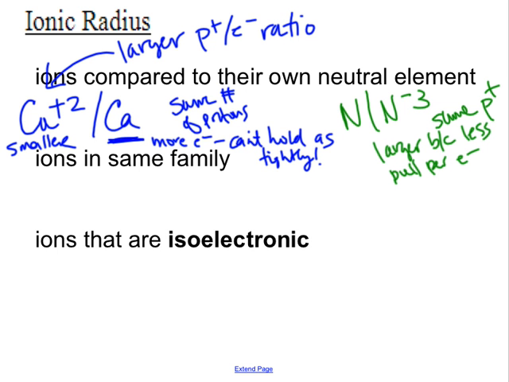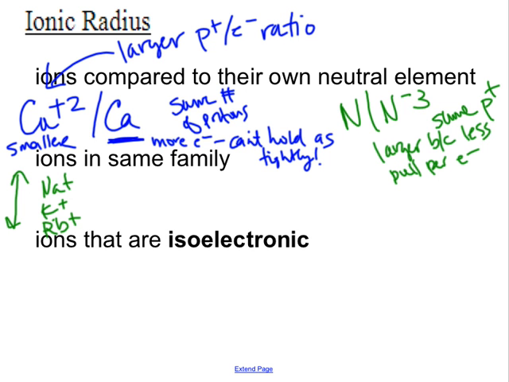Another way is just to compare ions in the same family. And I do mean family, and I do mean up and down. So if we're comparing sodium plus 1, rubidium plus 1, and potassium plus 1, what's your guess on how these are ranked? Sodium's the smallest.